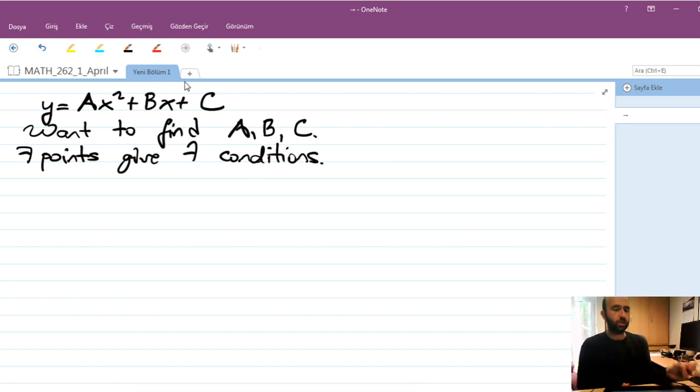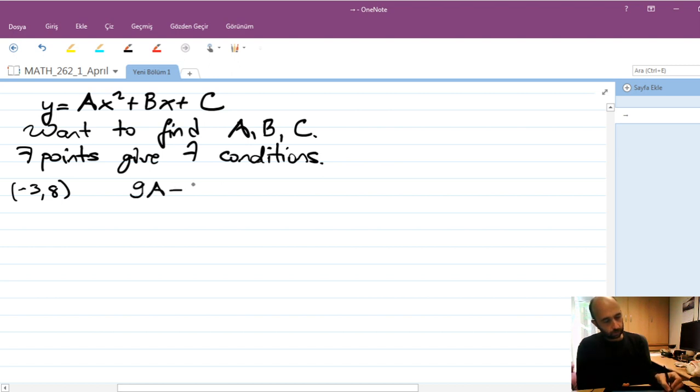And although this equation is kind of nonlinear, when you plug in x and y, the conditions will become linear. So for example, if you plug in the point minus 3, 8, so just passing through minus 3, 8 means 9a minus 3b plus c equals 8. You want that. And you do this for each of these 7 points.